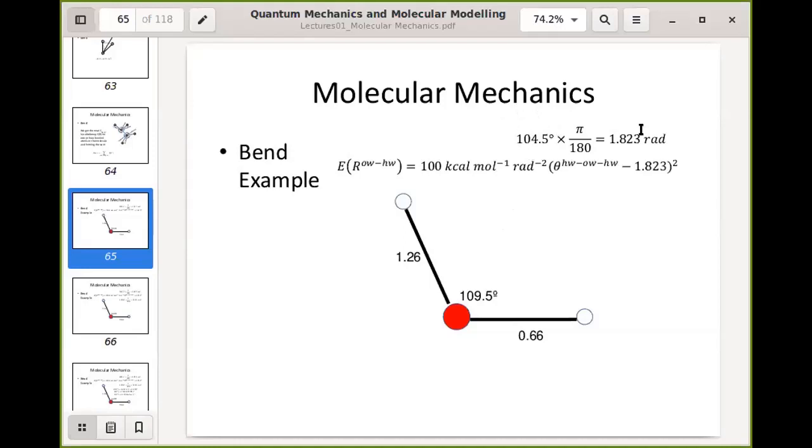So the equilibrium bond angle is 104.5, but you must convert to radians. The K term is always given in radians.